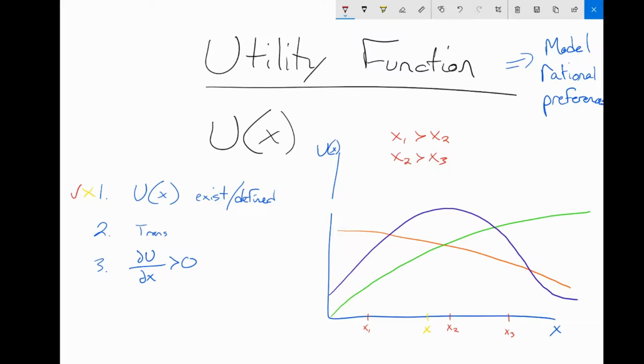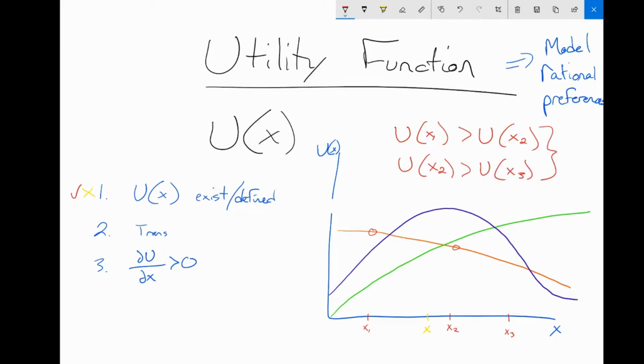x1 is greater than x2. You get more utility from x1 than x2. You get more utility from x2 than x3. So then this should imply that you get more utility from x1 than x3. Actually, let me write this in utility terms. Utility of x1 is greater than utility of x2. Utility of x2 is greater than the utility of x3.